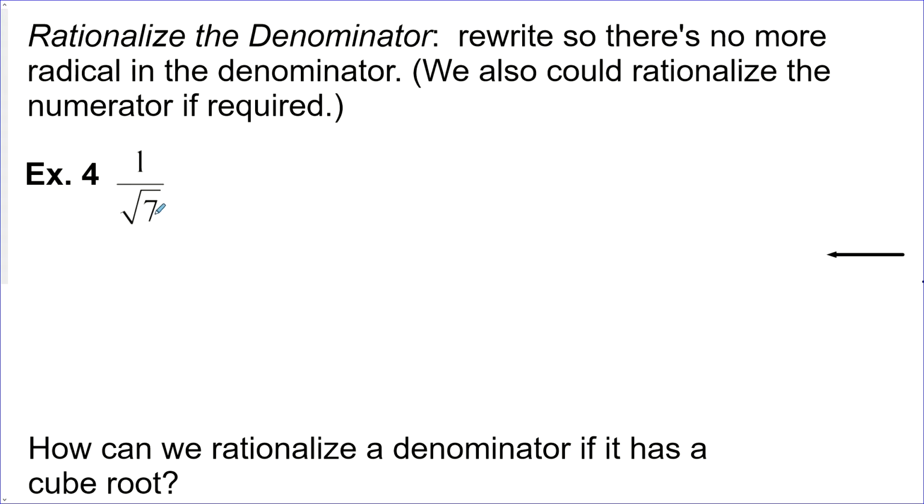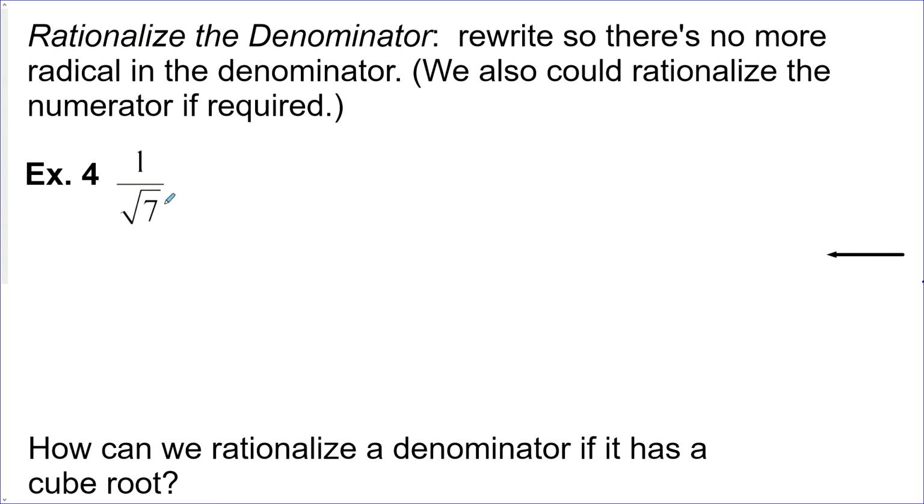And so they made a rule, don't leave a radical in the denominator. Nowadays, we have calculators, and we have no trouble dividing by a radical. And so there's no such rule that you can't have a radical in the denominator. That was just a man-made up thing. There's no mathematical reason for it. But we do need the skill, so let's see how we would do it.